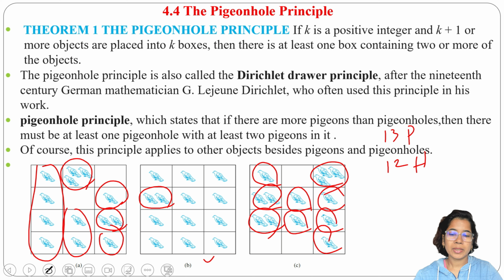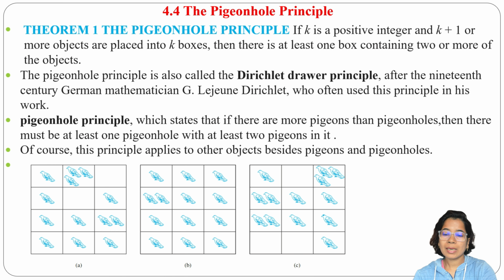So that's all about the pigeonhole principle: in at least some hole there must be more than 1 pigeon, and in some holes at most 1. Here you can see some holes are empty, so there can be 0 or 1. So there are different possibilities for how pigeons can be distributed in different holes.